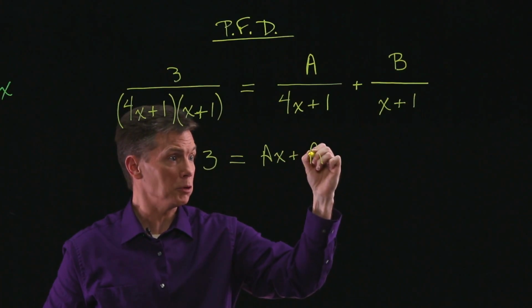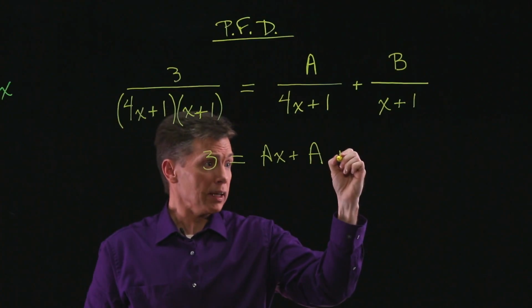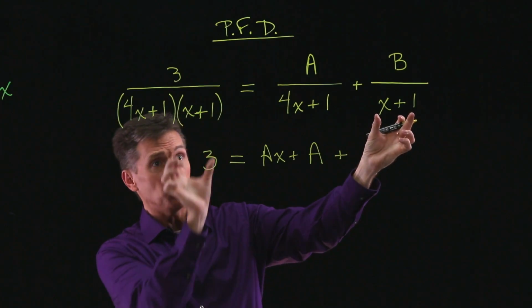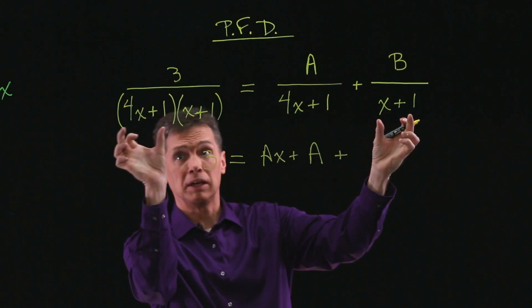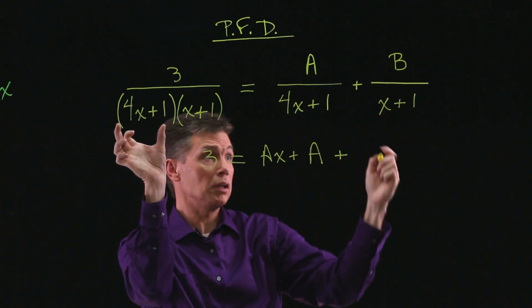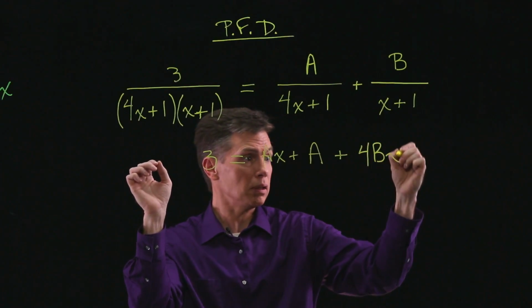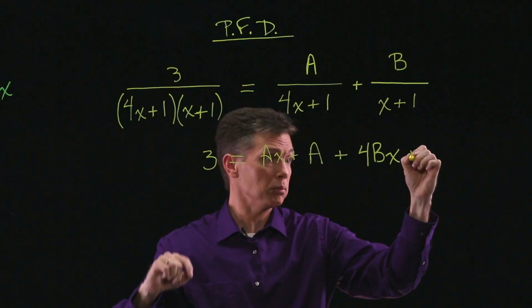Let's go ahead and do that multiplication, Ax plus A. Second fraction, the x plus 1 would cross out. All I'd be left multiplying that B by is the 4x plus 1. So let's write that as 4Bx plus B.